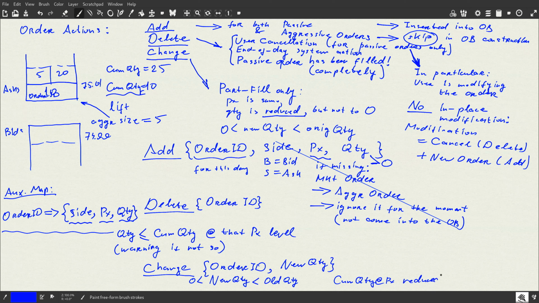You need to reduce it by the difference in quantity, so by old quantity minus new quantity. All right? So this should be pretty much obvious of how you deal with add, delete, and change. Please tell me if that's what you have been doing or if you have any questions related to that.